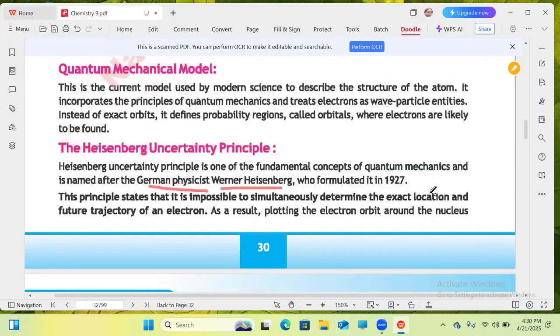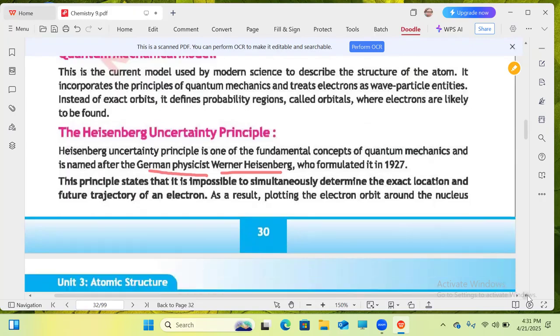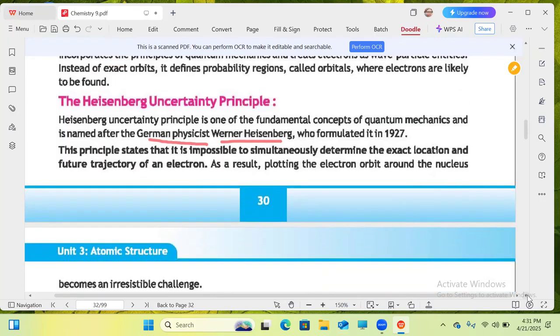Meanwhile, that principle, that law, was invented in 1927 by a German scientist named Werner Heisenberg. Okay, so what does his principle state?